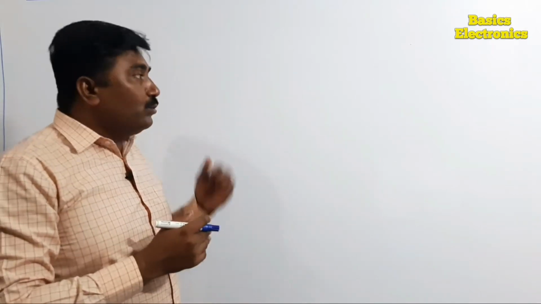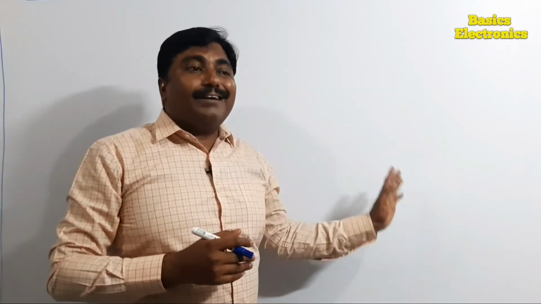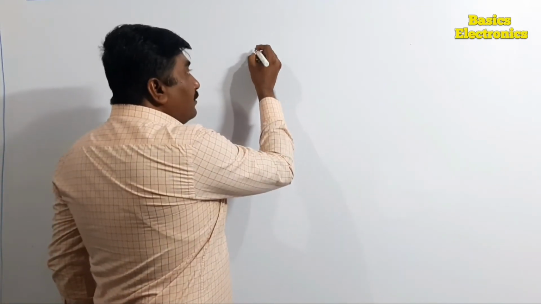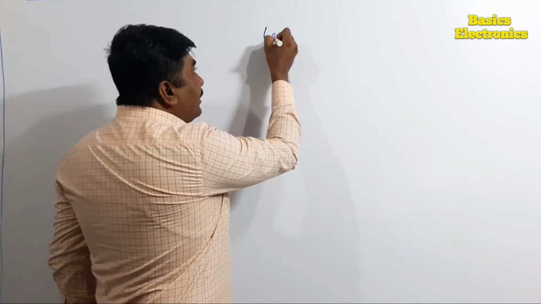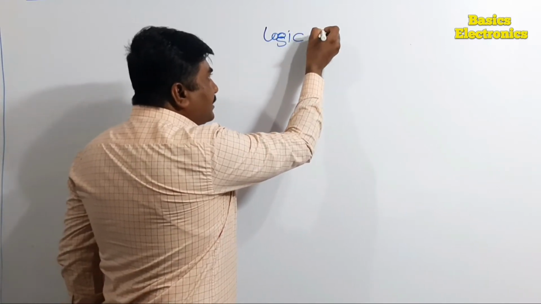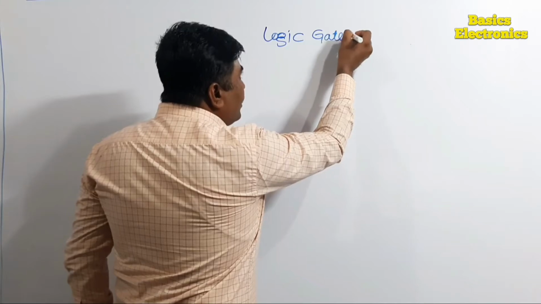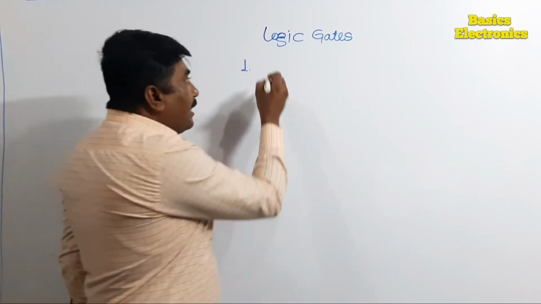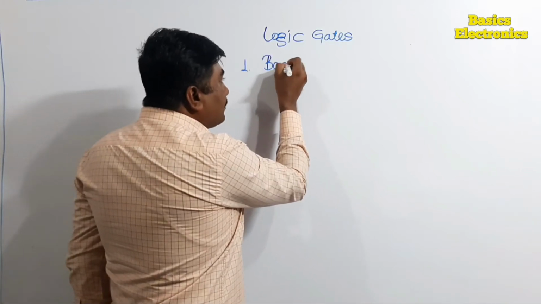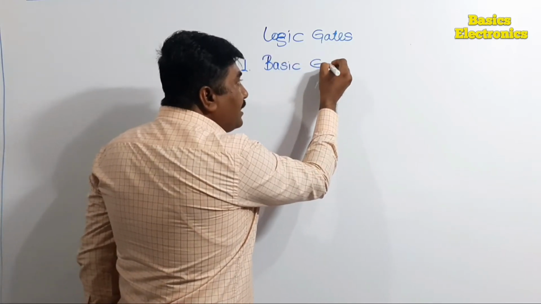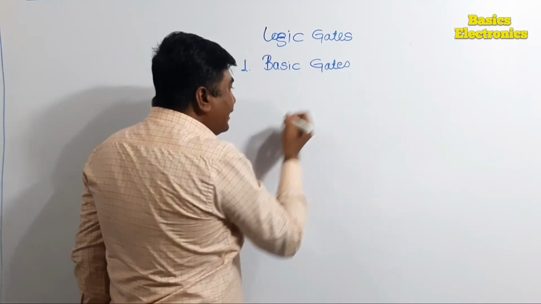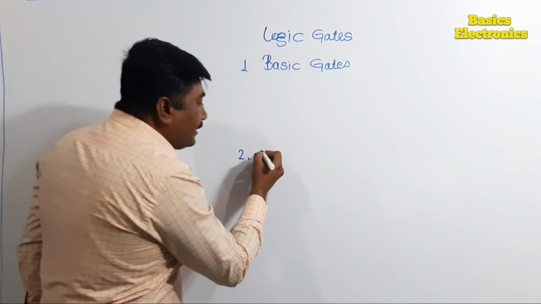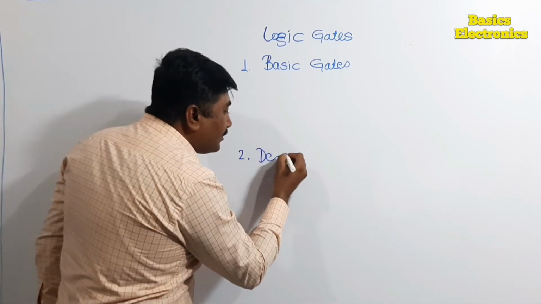And I am going to move directly to the logic gates and their types. We have two types of logic gates. The first type is the basic gates, and the second category is the derived gates.